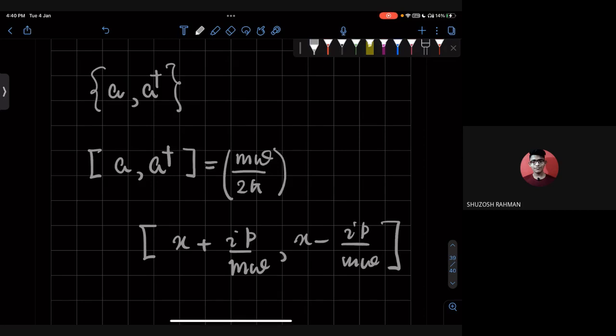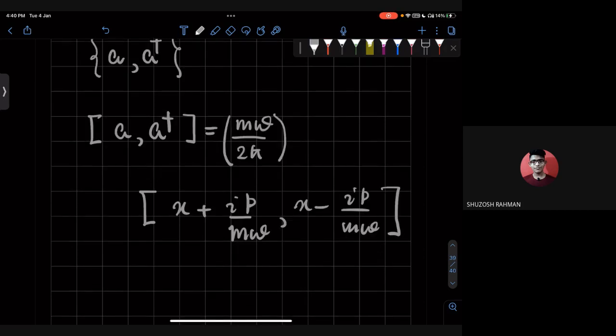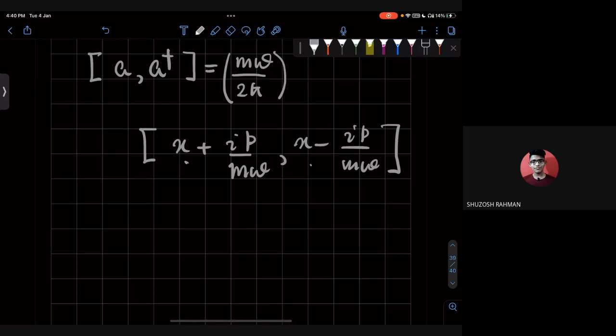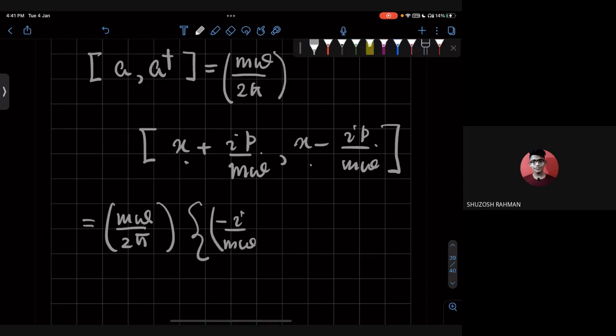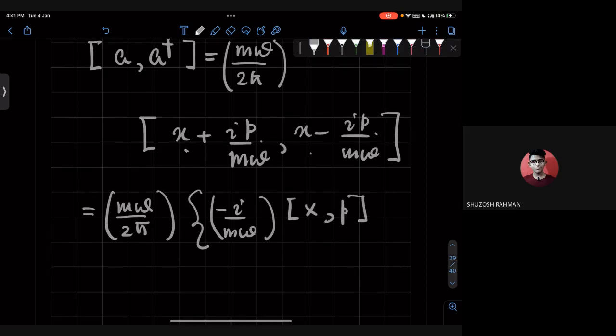Now x will of course commute with x, and p will of course commute with p, so of the four terms we get, two will be 0. So we have m omega by 2 h bar, and then we have minus i by m omega, and then the commutator of x and p.